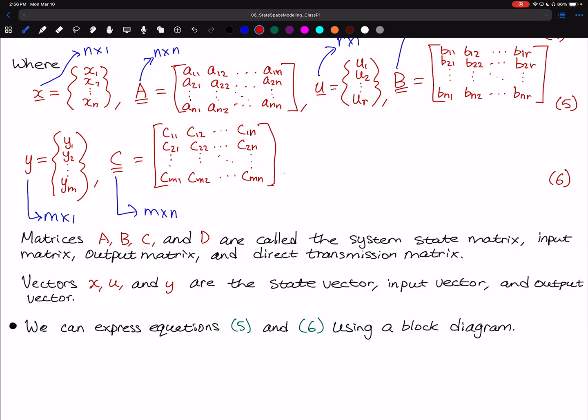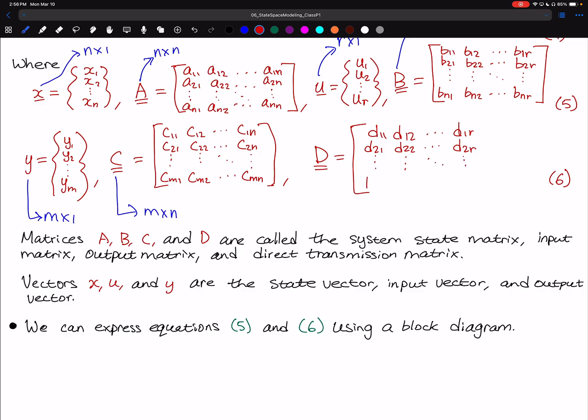And then the last one, D, we just get D11, D12, D21, D22, dot dot dot, D1r, dot dot dot, D2r, and our many dots.